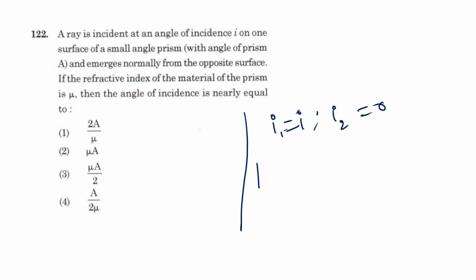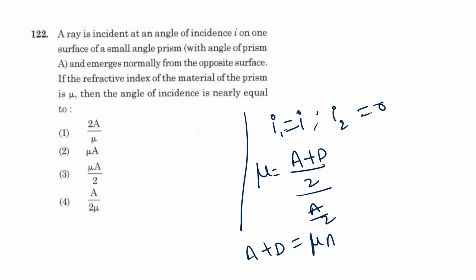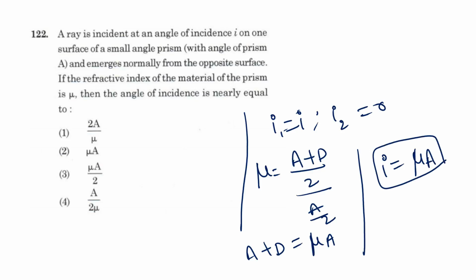Mu is equals to A plus D by 2 by A by 2. A plus D is equals to mu into A, 2 gets cancels, and I is equals to mu into A. So which option is correct? Second option is correct.